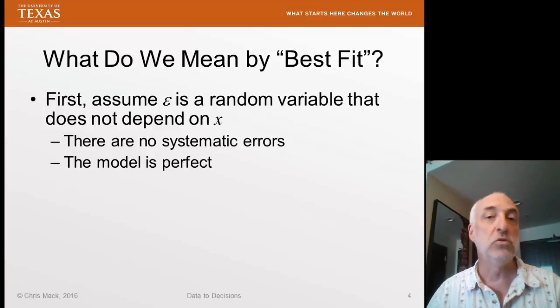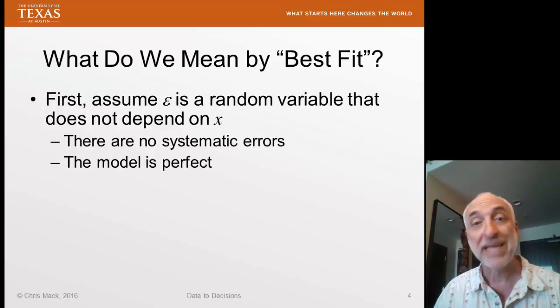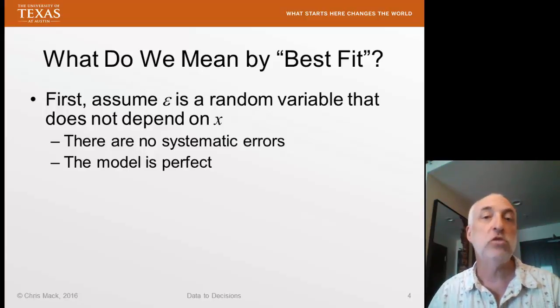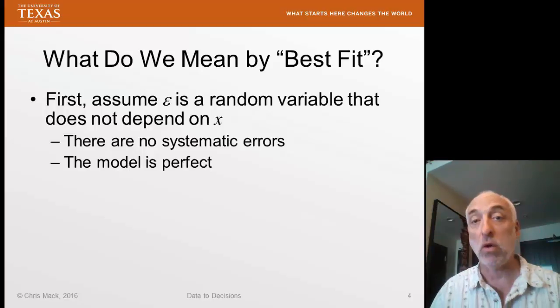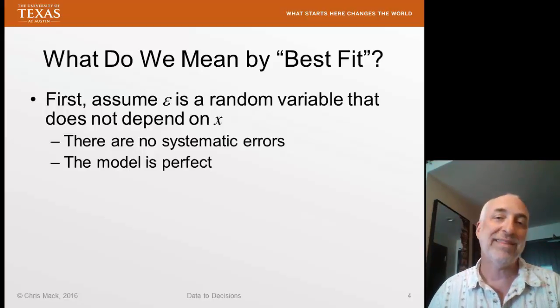First, we'll assume that the residual, the true residual, epsilon, is a random variable. We'll assume that it does not depend at all on the input values, x. What does that mean?